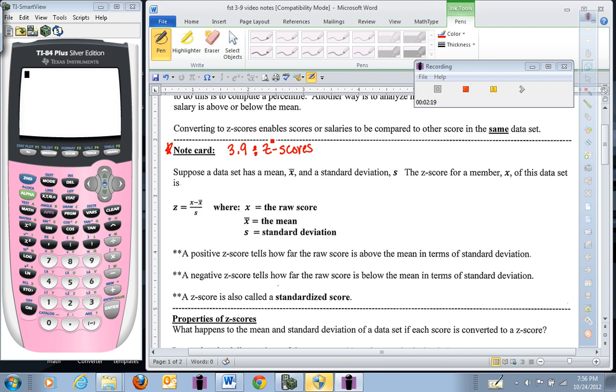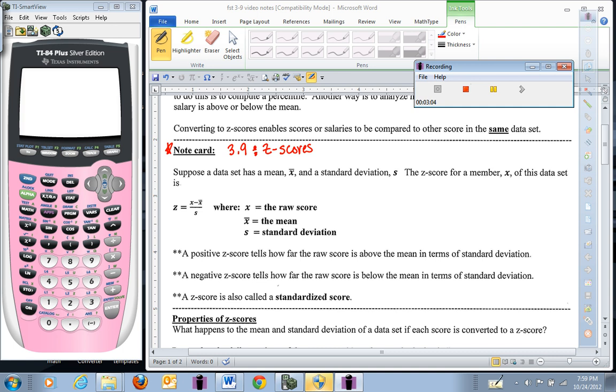Okay? x is the raw score, x̄ is the mean, and s is the standard deviation. You might also note that the standard deviation is the s, so it'll be Sx on your calculator.